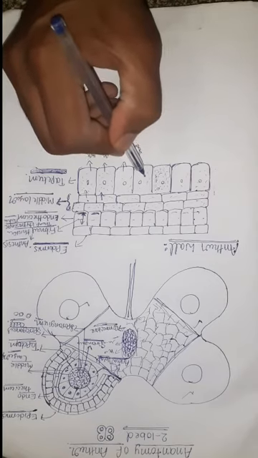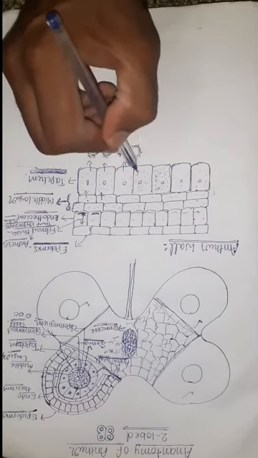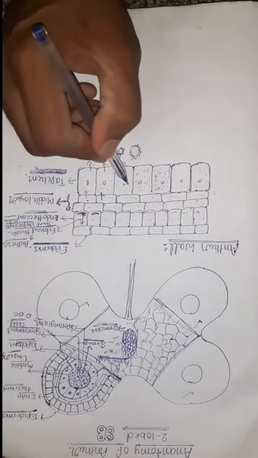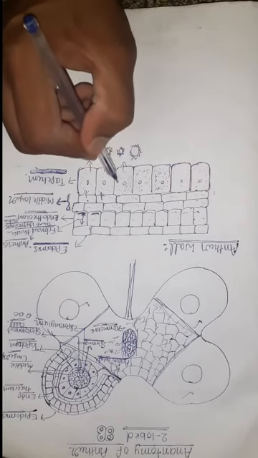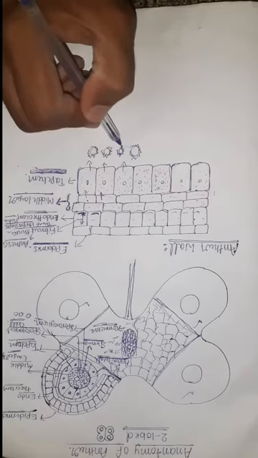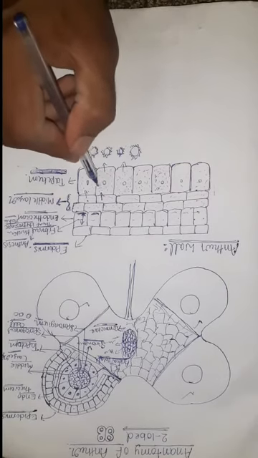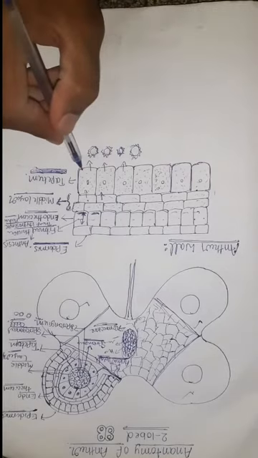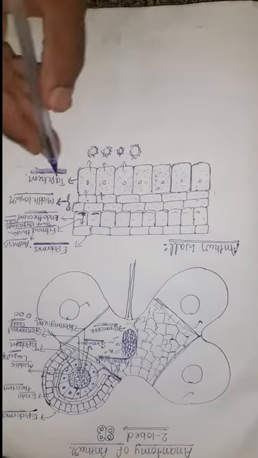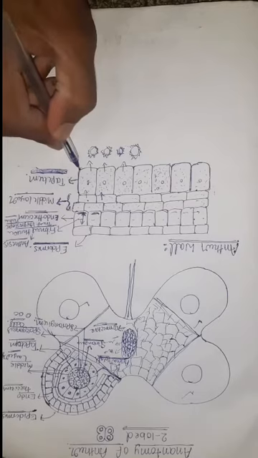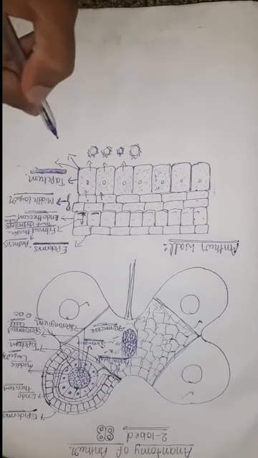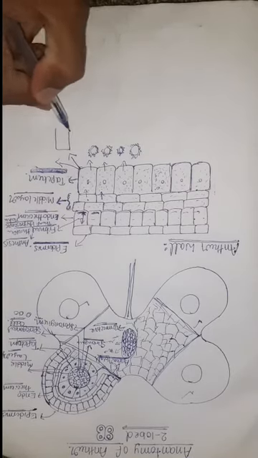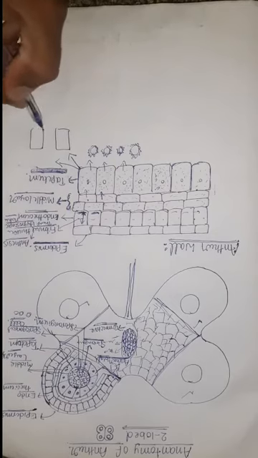That's why they act like a nutrition layer to the pollen grains. Okay, this is the function of the tapetum layer. Now, based on the studies, we have 2 types of tapetum cells.